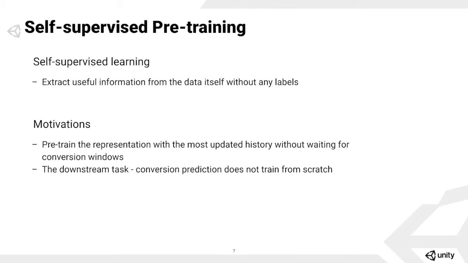Getting labels is not a difficult problem in the conversion prediction task, but we have to wait for the conversion window and also maintain a large database to store and update the outcomes and sequences in practice. If we train both the sequential network and the dense network at the same time, the sequential network would normally be the bottleneck because it takes longer to converge. By doing the pre-training, the whole model doesn't have to train from scratch.